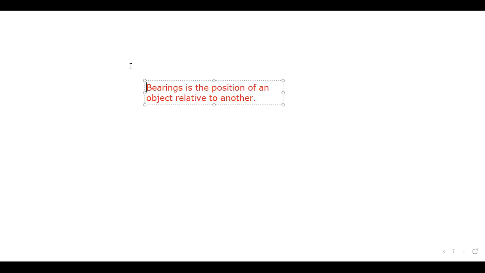Can anybody tell me which professions use bearings in everyday life? Pilots, yes. Sailors, yes.